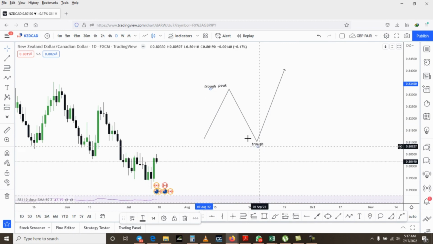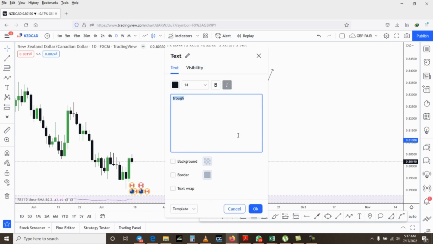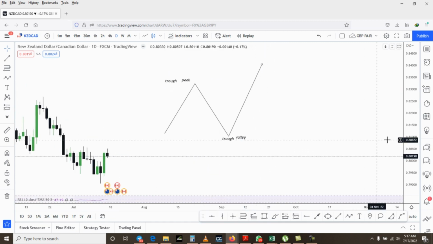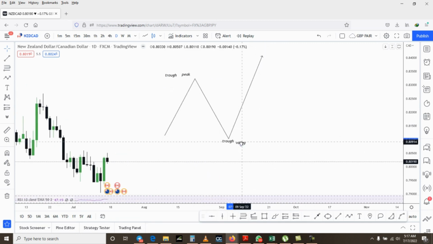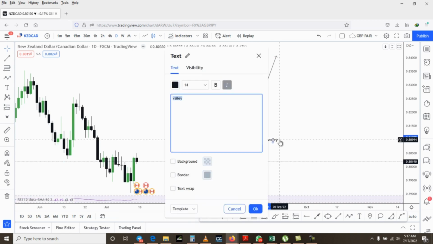This is also a peak. Then you can call this one a valley. So you can call this a valley. Others call it a base. A base, that's another name for it.